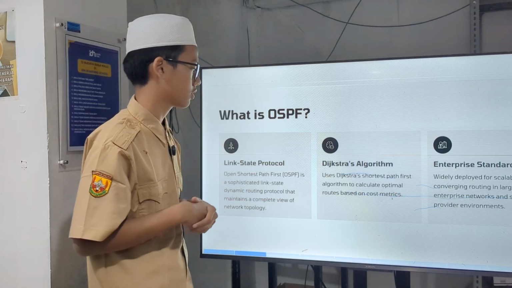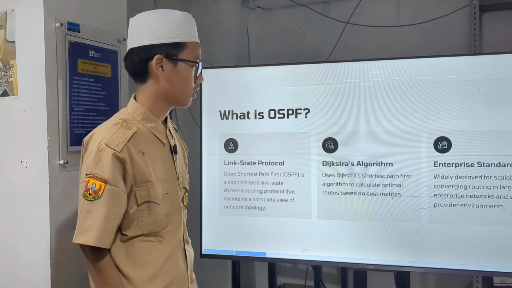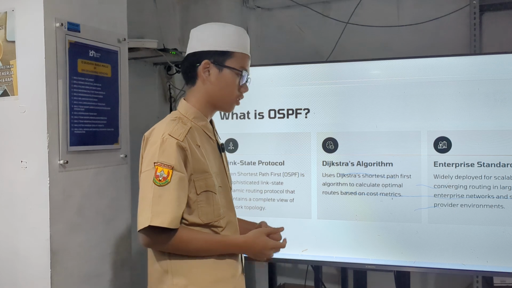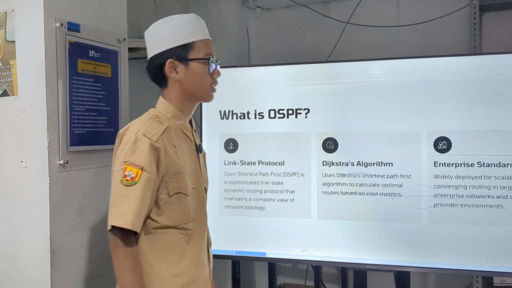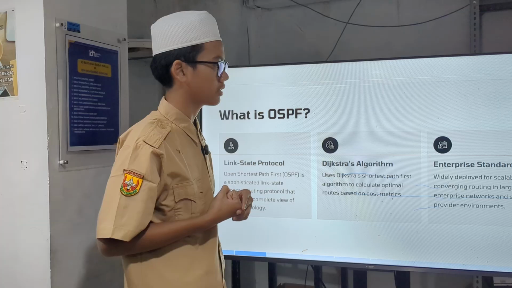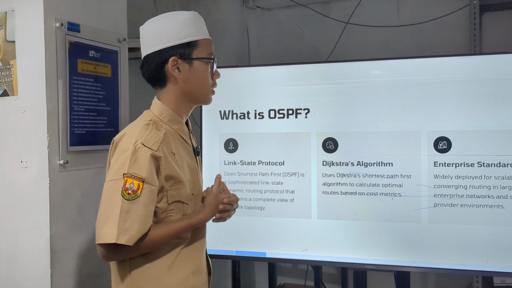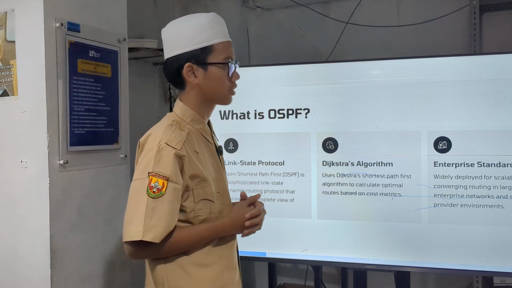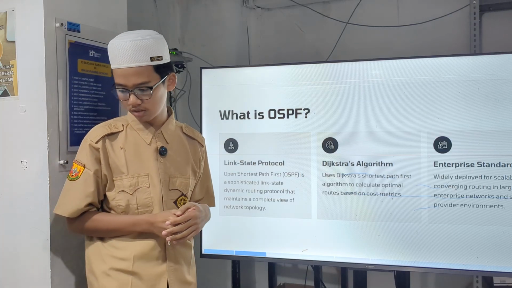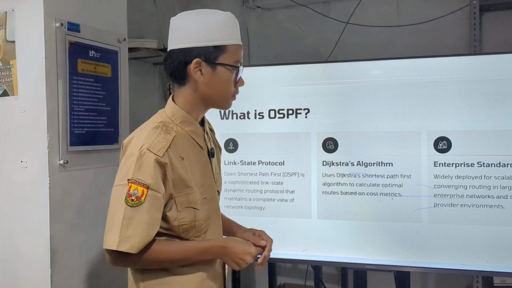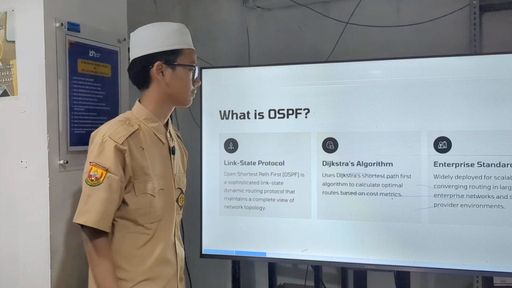OSPF uses the Dijkstra shortest path first algorithm to calculate optimal routes based on cost metric. And the last is enterprise standard, because OSPF is widely deployed for scalable, fast converging routing in large enterprise networks and service provider environments.